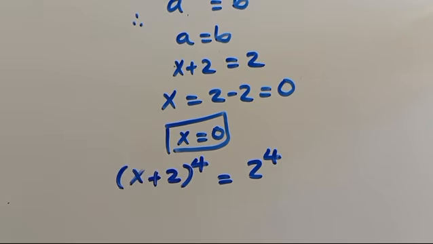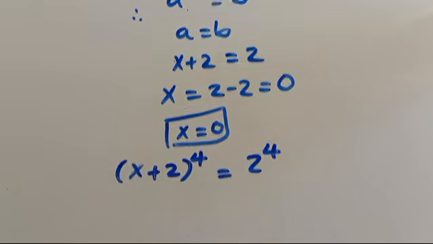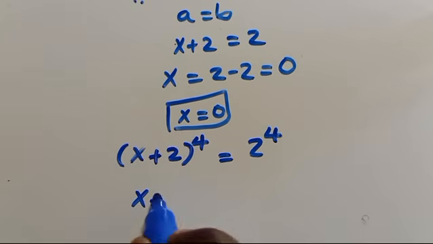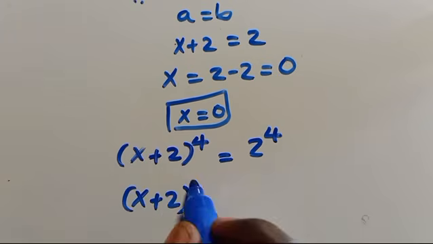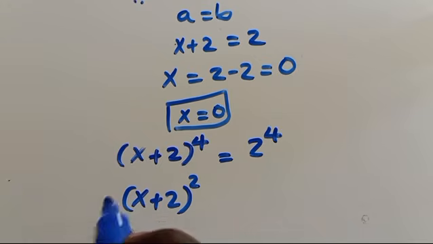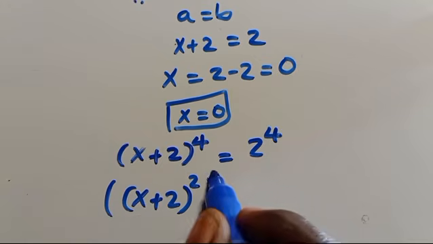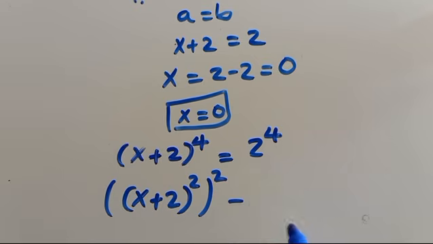So from here, we can have ((x + 2)^2)^2 equals, from here, (4)^2.